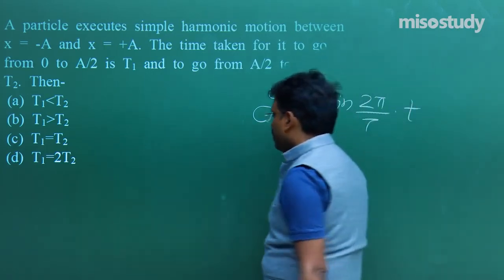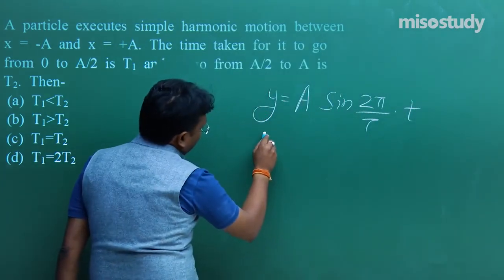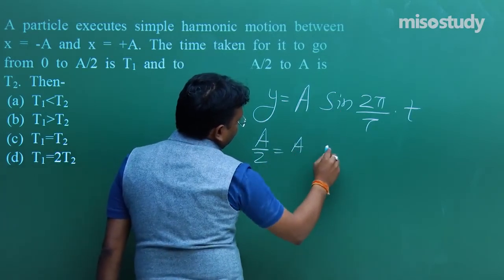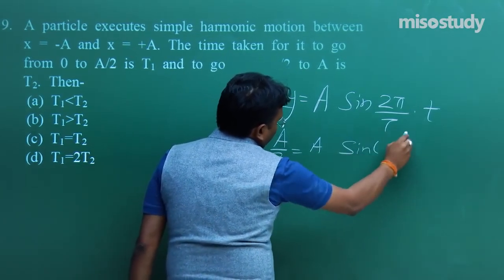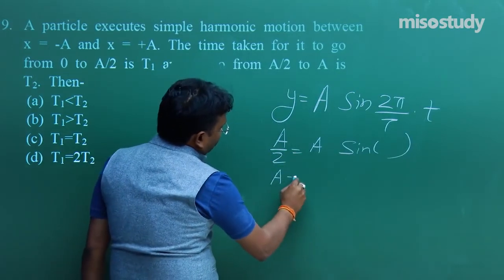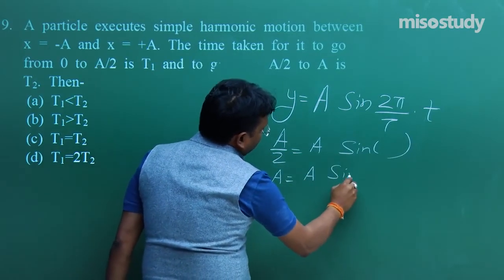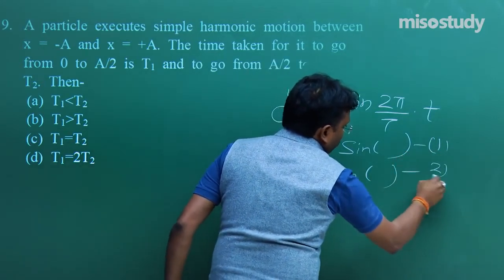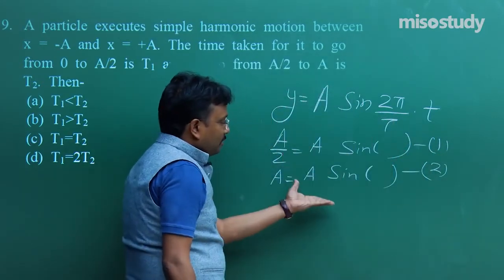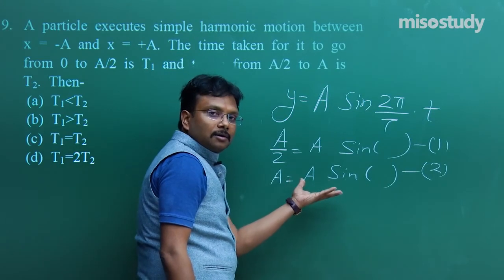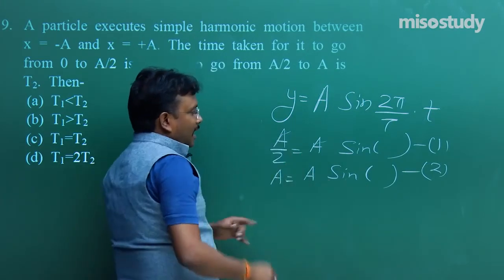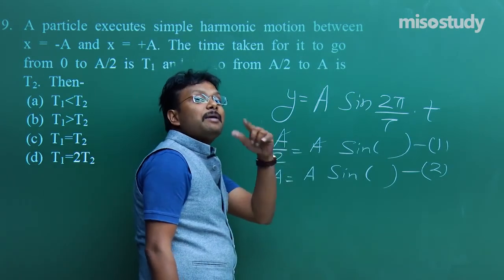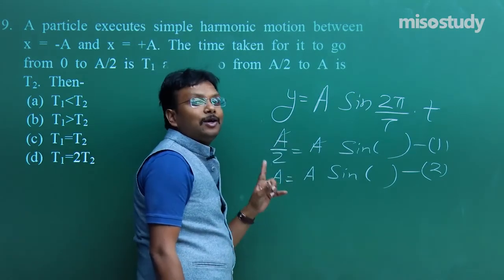Now, please allow me to write down the equation. A by 2 is equal to A, and then this term sine whatever. A is equal to A, then this term sine. Equation number 1, equation number 2. Basic mathematics, solve it. A cancelled, sine of this much is 1 by 2, sine 1 by 2 means sine pi by 6, solve it, you will get T by 12.